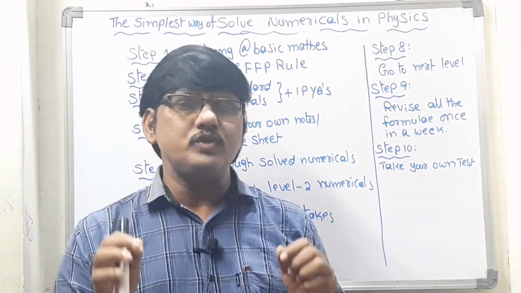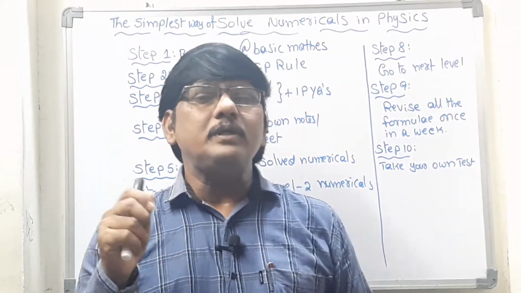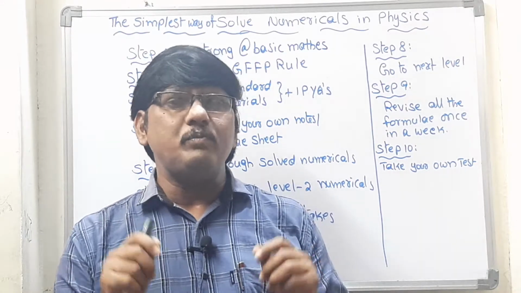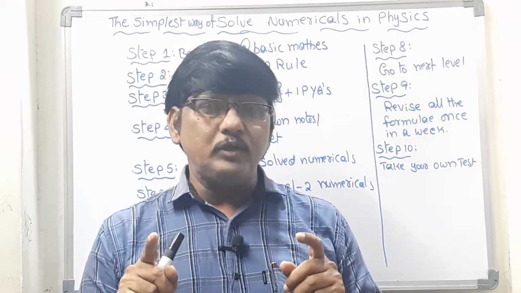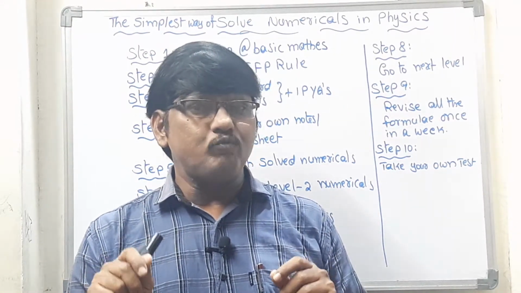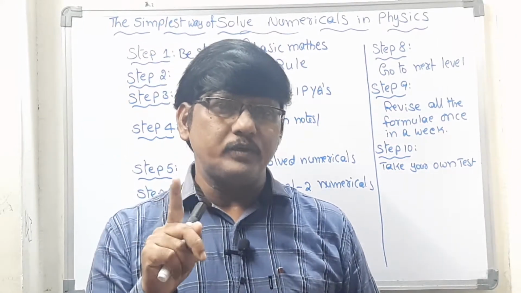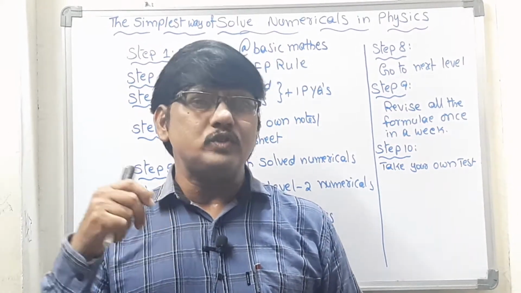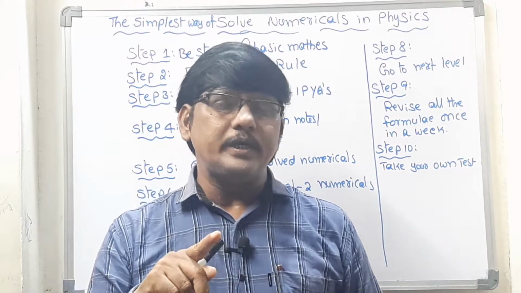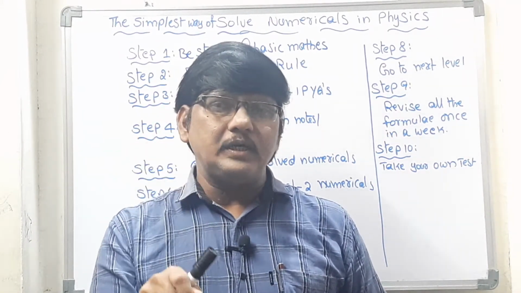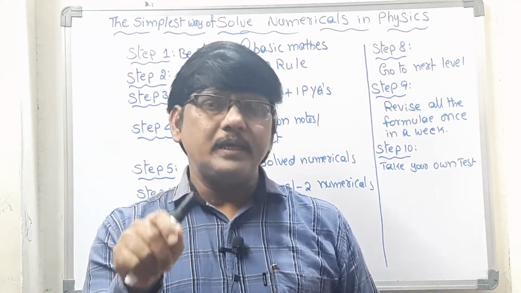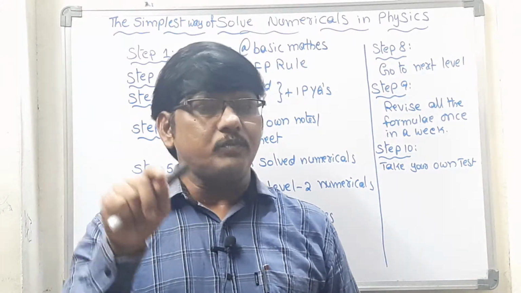And the last and most important one: randomly choose any one particular topic, and don't switch topics in between. Once you are very thorough with one chapter, one topic, only then switch to the next topic. In the meanwhile, take one test by randomly choosing 25 questions from that chapter.